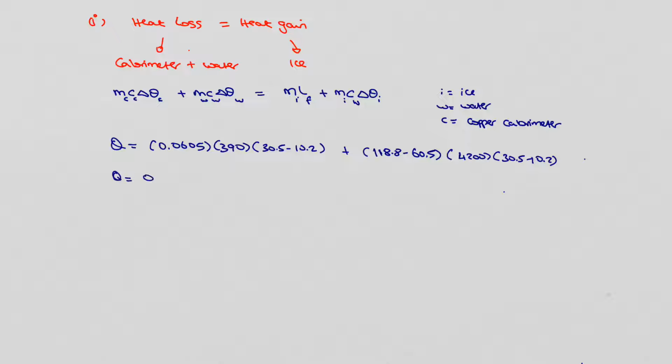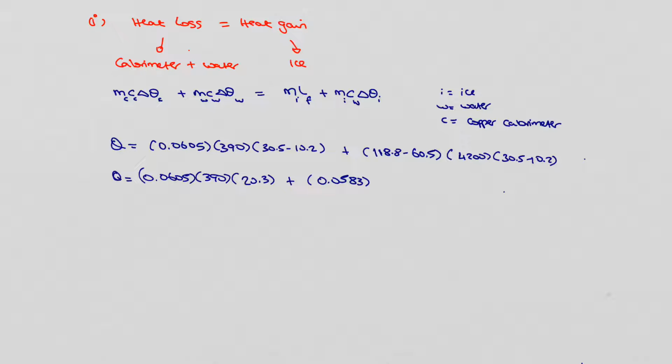Okay, so let's simplify that. So we have 0.0605 times 390 times 30.5 minus 10.2 gives us a value of 20.3, plus 118.8 minus 60.5 gives us our mass. Sorry, that actually should be in kilograms. I have to divide that by 1,000 to turn it into kilograms, so that's 0.0583.